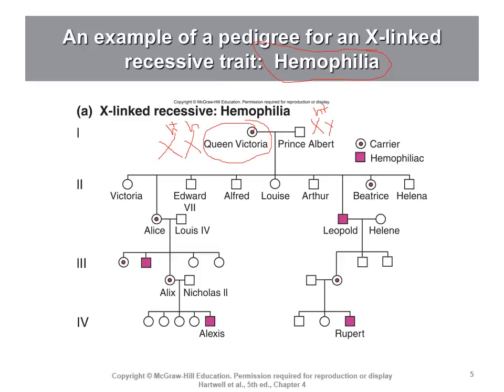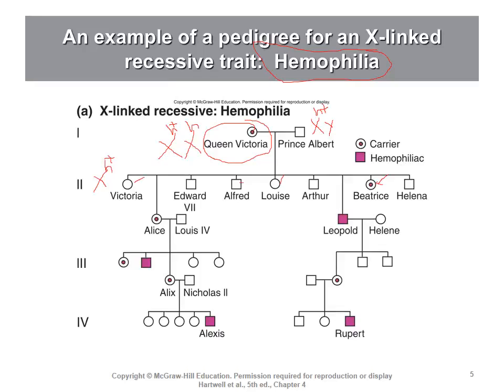So because he's normal, all of his daughters, like Louise, Victoria, Patrice, will inherit the normal H plus allele from their father.